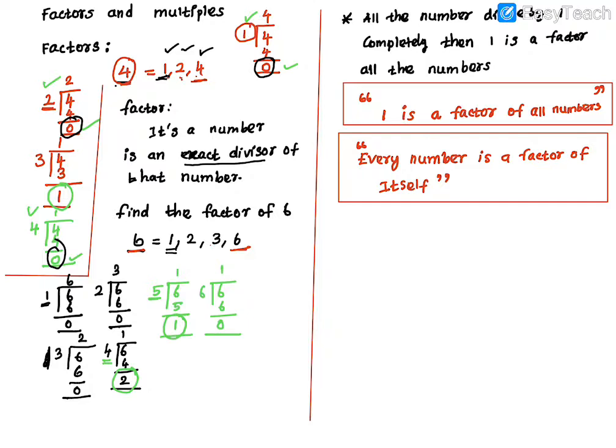So the number of factors of a given number is finite.